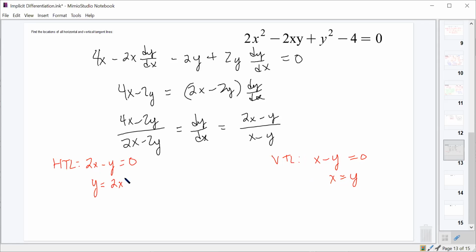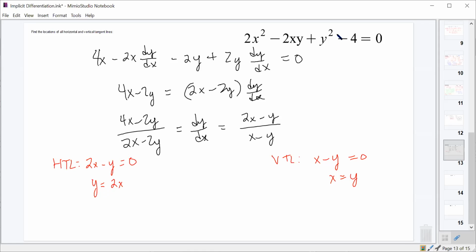Well, how do I go about figuring out when x equals y or when y equals 2x? You could substitute back into the original equation.